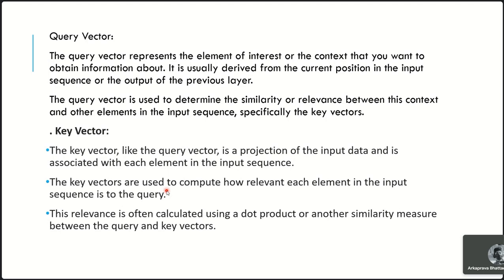That means how are other words related to the current word in question. Okay. And this relevance is often calculated using the dot product or by calculating the cosine similarity between the query word and the key word. That's what I called the co-occurrence matrix. Okay, one word, how is it related to the other words in the sentence?